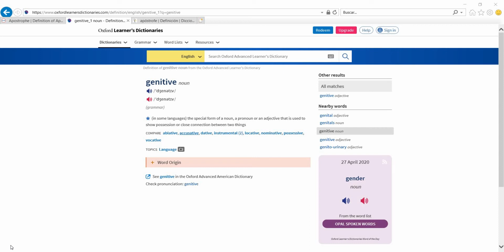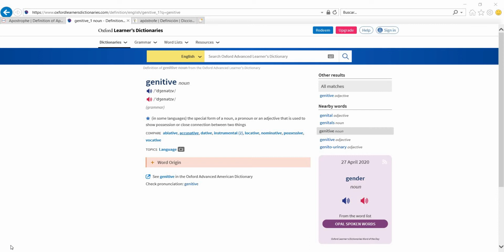Then he's going to talk about non-personal genitive, that is to say, when it is an object, or inanimate, right? Which is the same thing. And for animate, he also uses another term which is living things, right? So all of this is what we call synonymy, right?